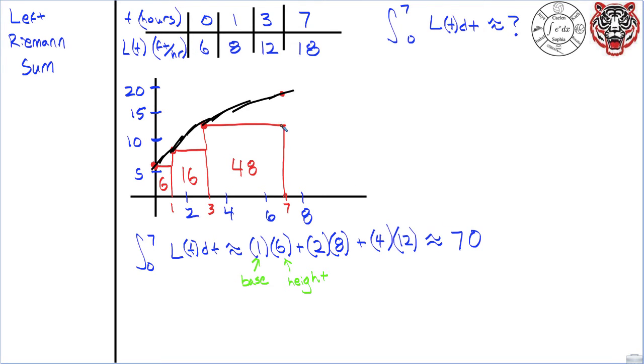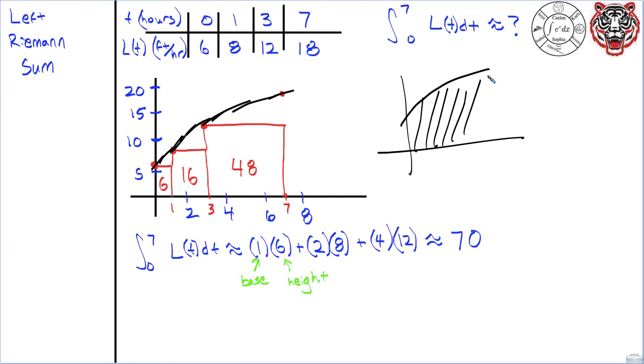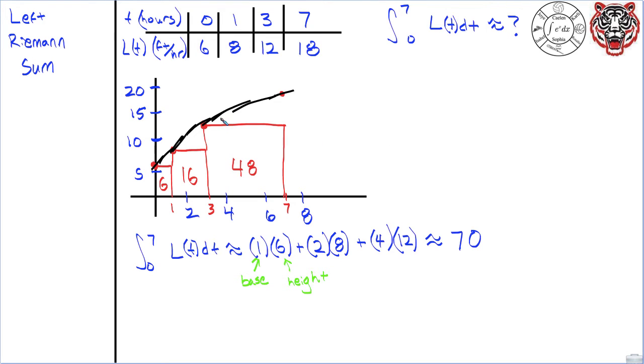Okay, so missing space. So missing space is really the key idea. So if I were just drawing the graph that looked like this, I should be shading everything under that bar. So everything would include this little area, and this little area, but we couldn't account for that. All of that little area we couldn't do. So we don't have enough of the area. This means that this is what? It is an under approximation.